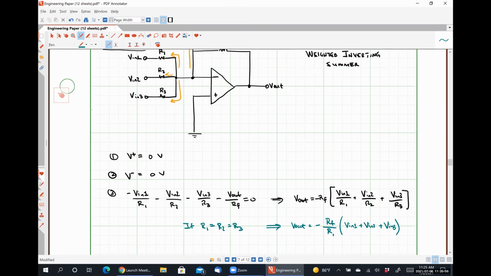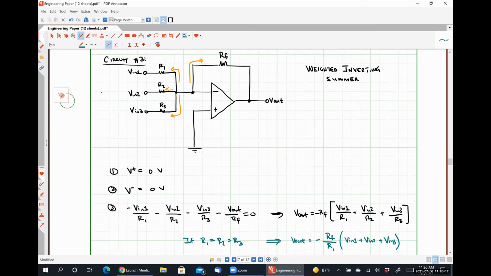A weigh station uses inverting summers to add up the total weight per axle. It's got a load cell that is generating each of those little input signals, and then that is converted into a weight using that resistor network, and they're all added together to give you the output of this op-amp circuit as a scaled version of the weight of your 18-wheeler.